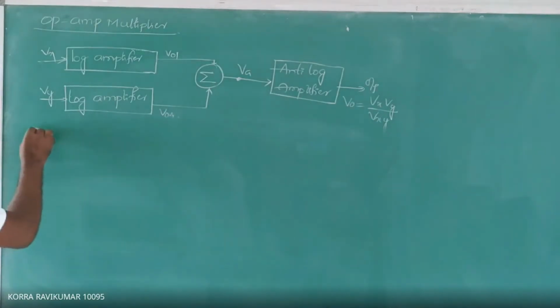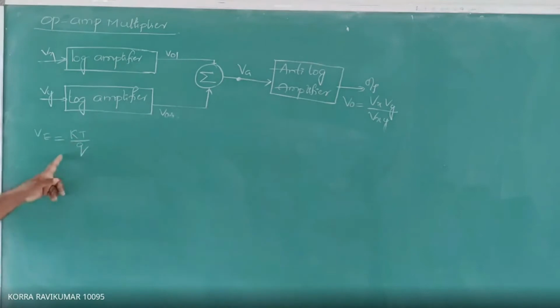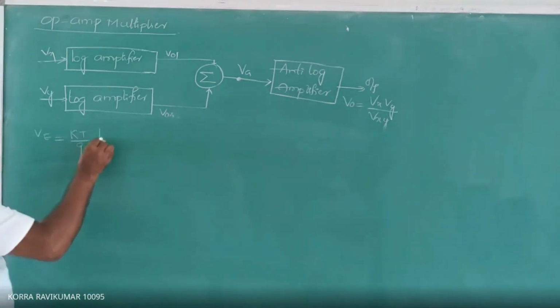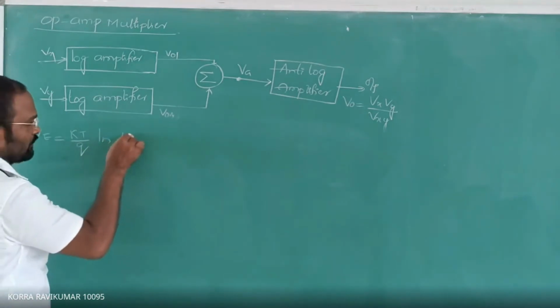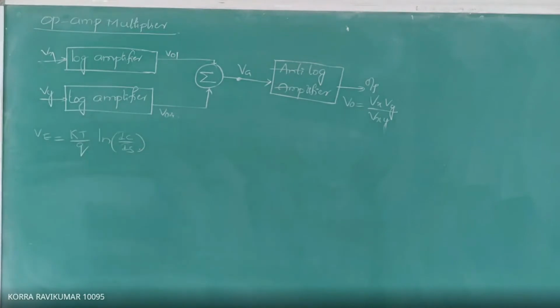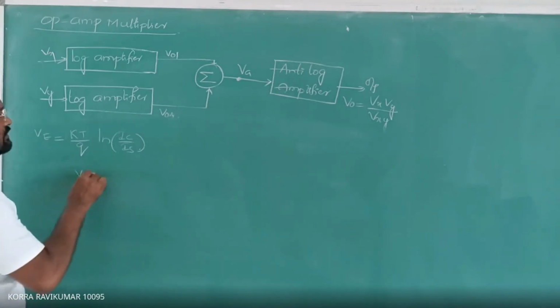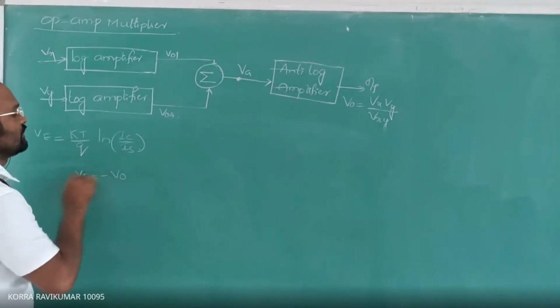VE is equal to KT by Q into natural logarithm of IC by IS. From the circuit, we know that V naught, that is VE, is equal to minus V naught.